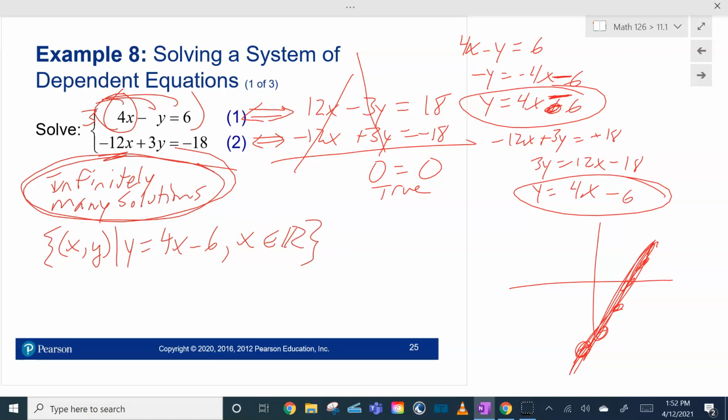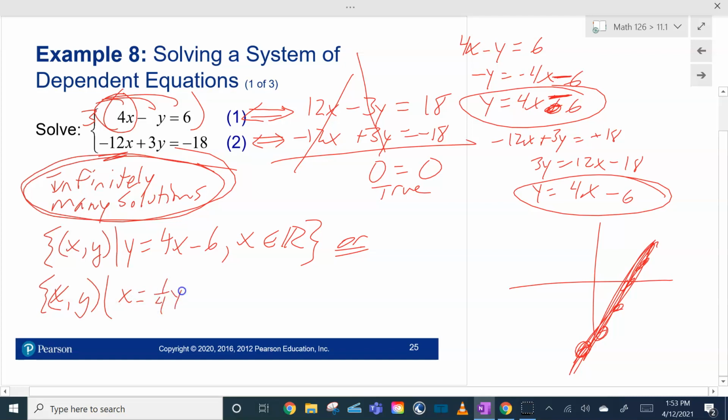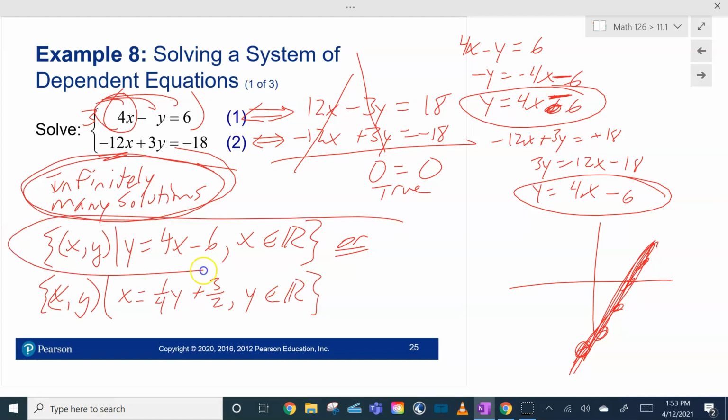Or if you want, you could also say it's a set of all xy, and you could do it in terms of x. So you just solve for x, and you get x equals 1/4 y plus 3/2, where y is any real number. So any of those is another way to express that. Just take one of the variables, solve for it.